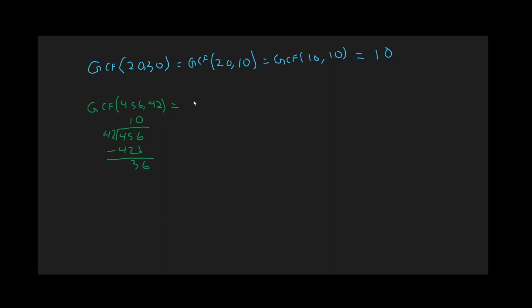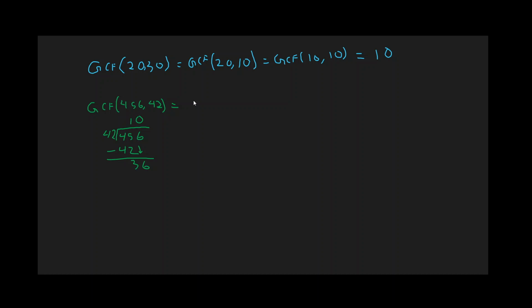So the GCF of 456 and 42 is just equal to, if we do 456 divided by 42, you just take the remainder and replace 456 with it. So we get 36 over here, comma 42.